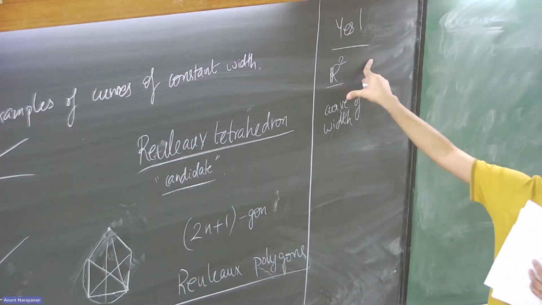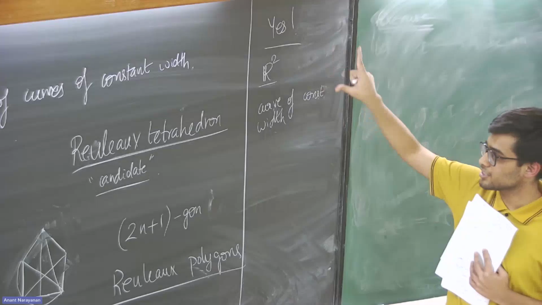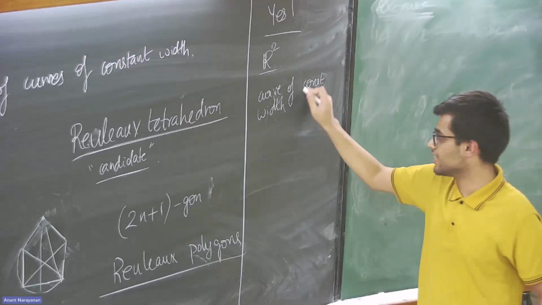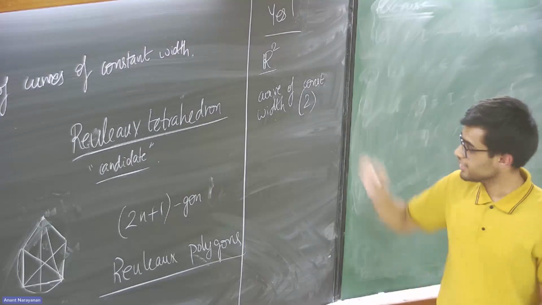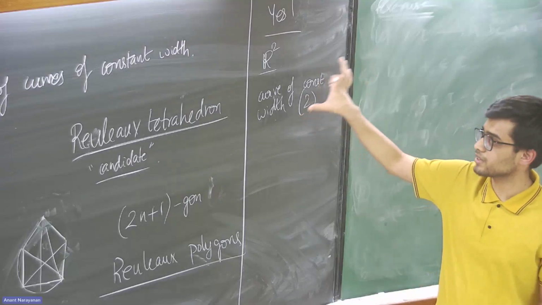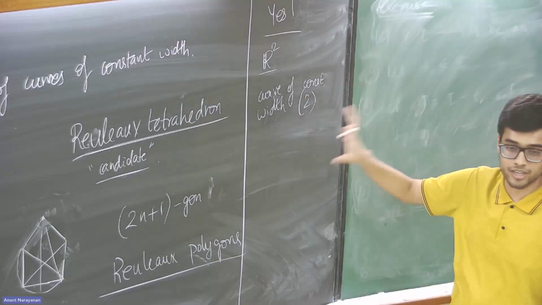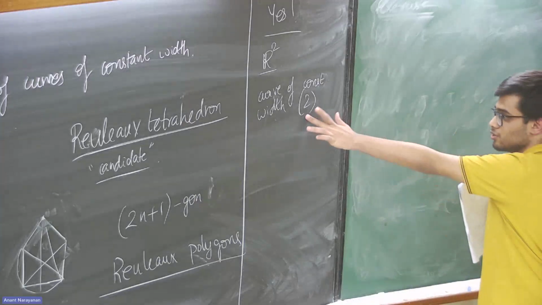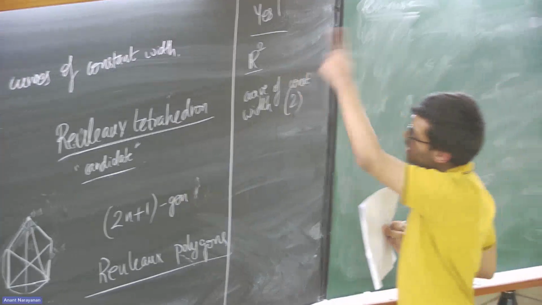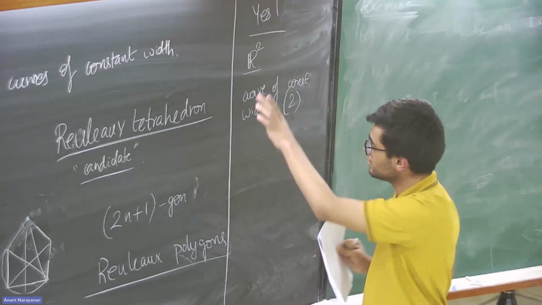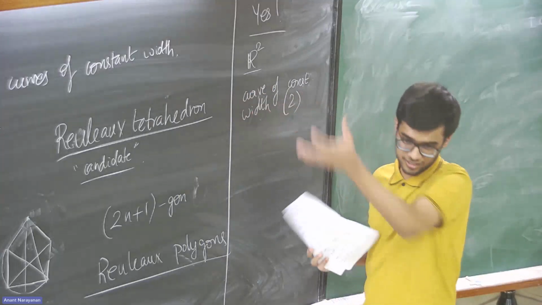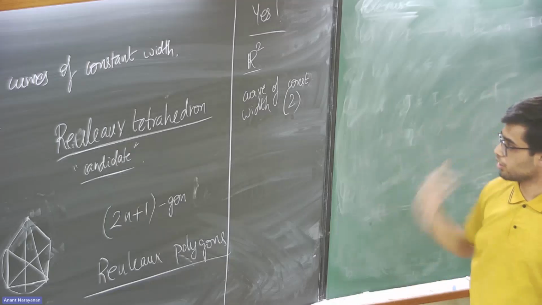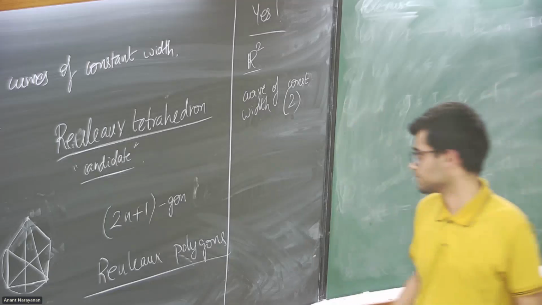And in R^2, the special thing is that if the curve of constant width, your target, has width 2, then you can always approximate it by smooth curves of constant width 2. You don't even need to change the width. In R^d, I'm not too sure about this, but this is the density language. So you can always approximate your body of constant width by smooth bodies of constant width.